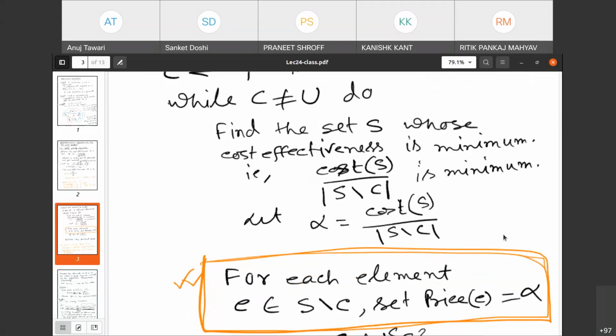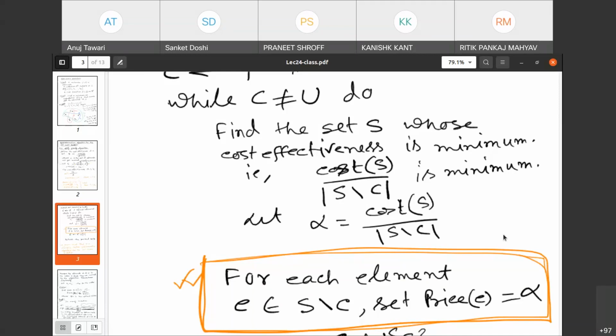Okay, there is one more thing, which is if all the elements of S are in C, S minus C will go to 0. That means cost effectiveness will go to infinity. Yeah, sure. That means there is no use of including this set.